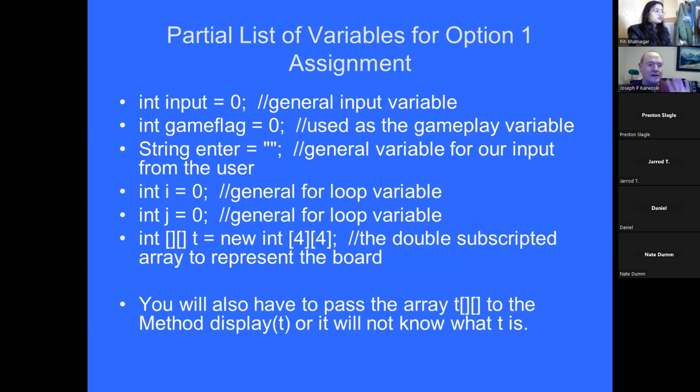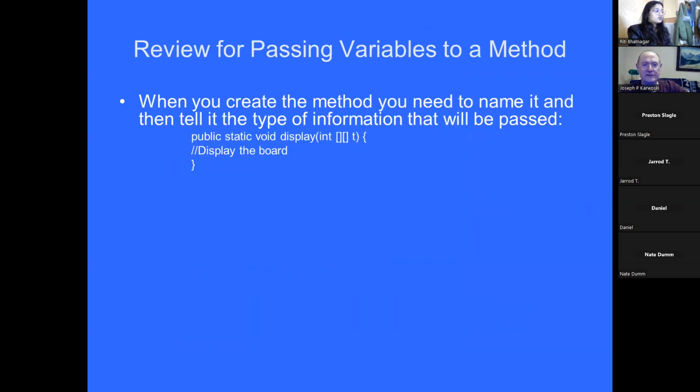Okay. I'm not even going to worry about the partial listing of variables, because you can use whatever. Here's a quick review of passing variables between a method. When you create the method, obviously it's named. For us, it's going to be display. We're going to take the integer double subscripted array of T. Okay, so all of the other stuff is in here.